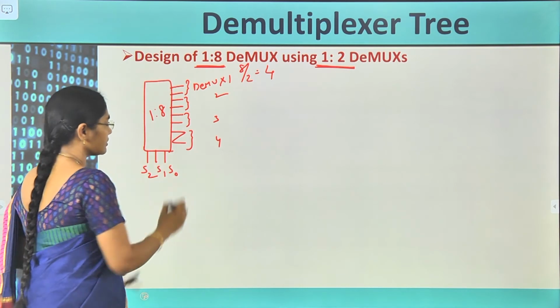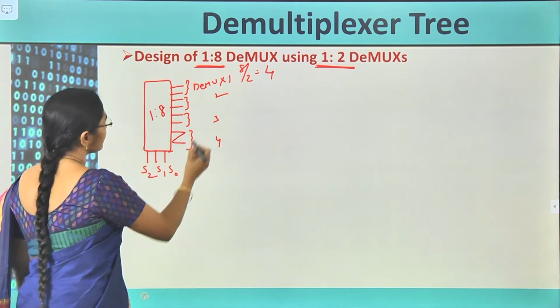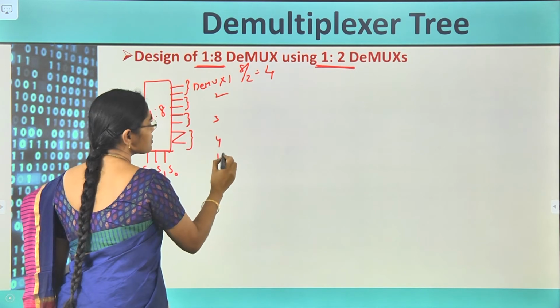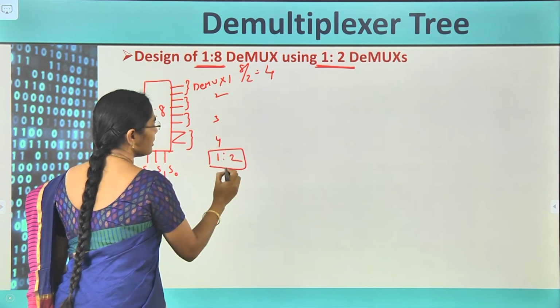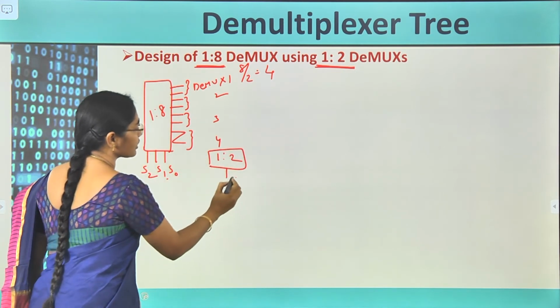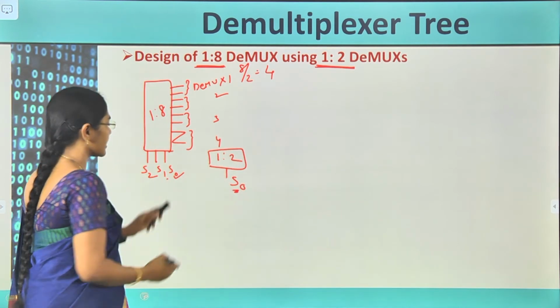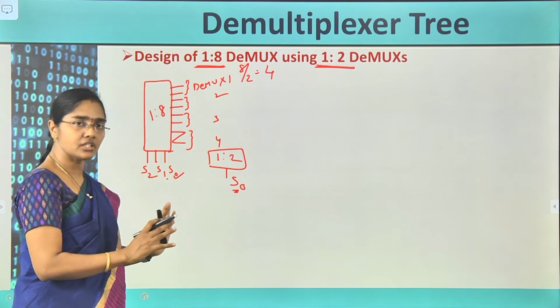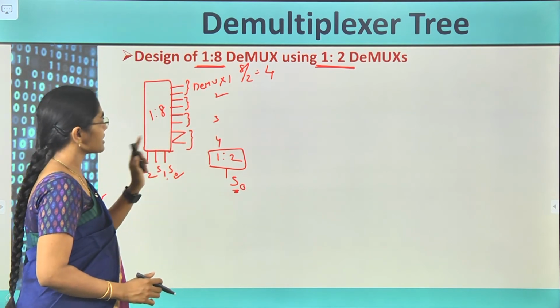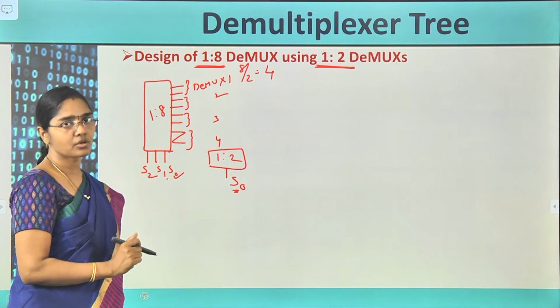If we take 3 selection lines, then for these 1:2 demultiplexers only one selection line is enough. Assume S0 is connected, and S1 and S2 are free. For these 4 demultiplexers, 4 inputs are required.